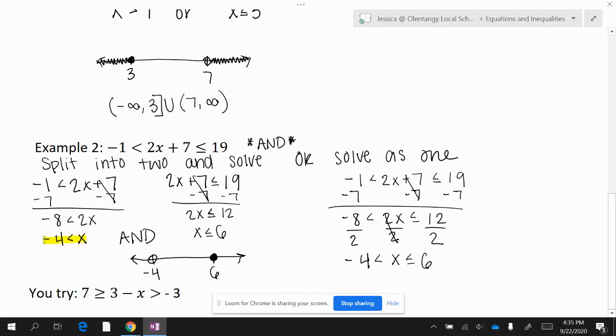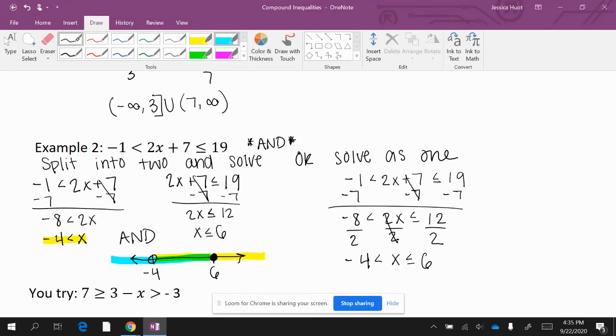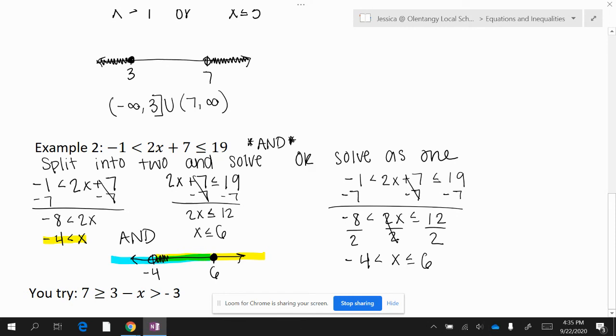So negative 4 is less than x, or you could say x is greater than negative 4, which is right here, and x is less than or equal to 6, so you would shade below it, and then our overlap is our answer. So our answer is only this part in the middle because that's where it overlaps. And then our interval notation would be negative 4 to 6.